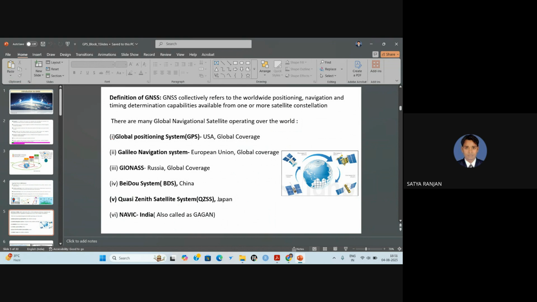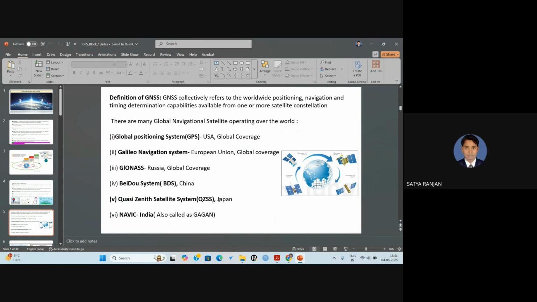The main factor is the time determination capabilities available. So multiple satellite constellations are there. Some GPS systems use two or three constellations' data. So there are many global navigation satellite systems operating over the world.